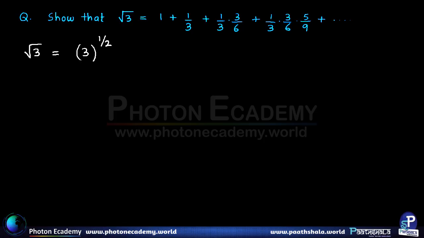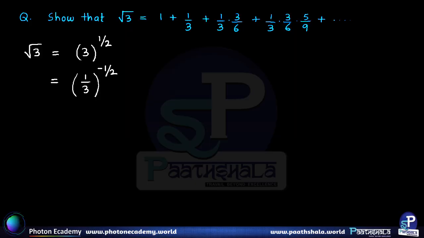So now what we do is, we introduce the negative index. If I take the reciprocal, then I will have to write the negative index. So 3 raised to 1/2 is the same as (1/3) raised to minus 1/2.